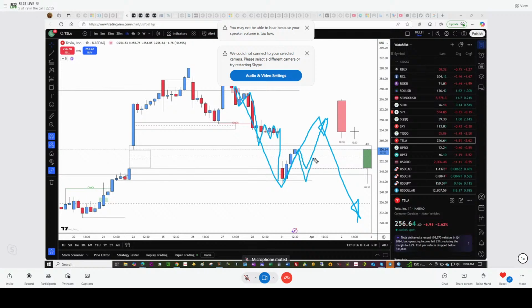Or we could chop in here and then continue down further, or we could just come straight down. So there's a number of possibilities here. The one I like the most is the first one, I think. We could come all the way back up and then start to come back down.